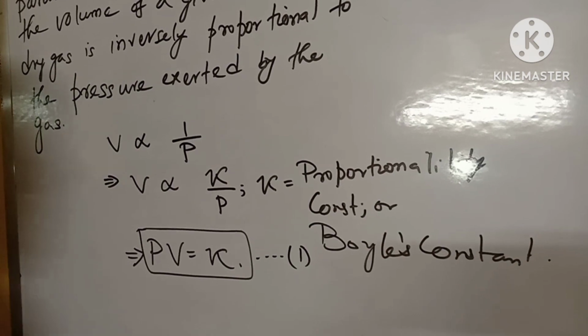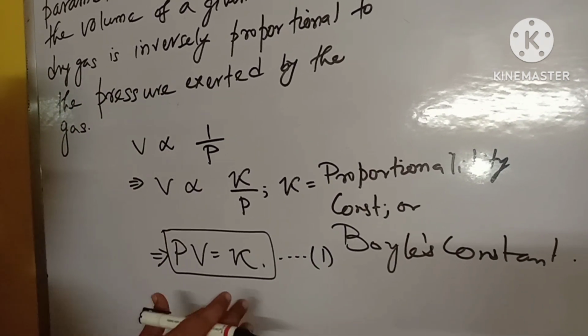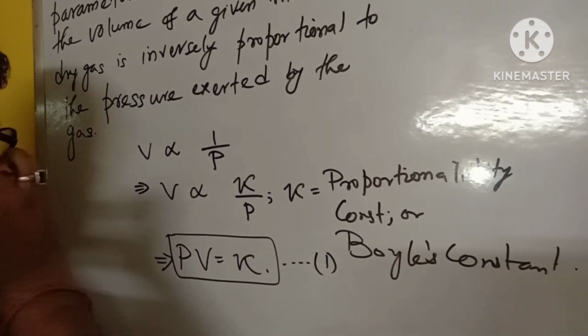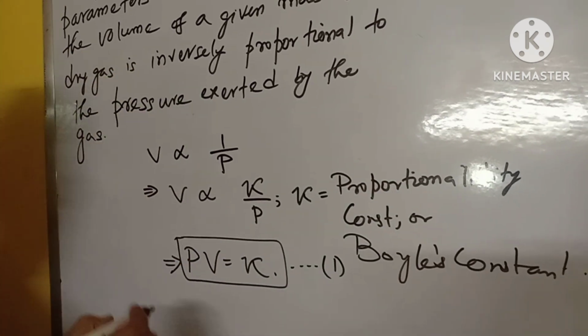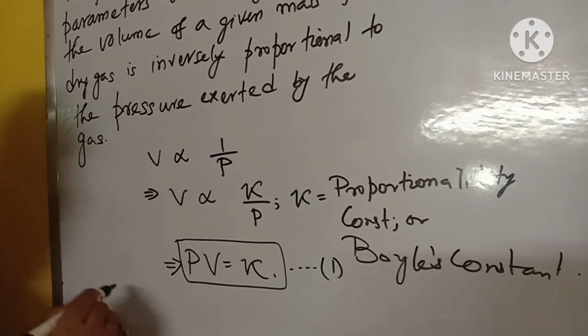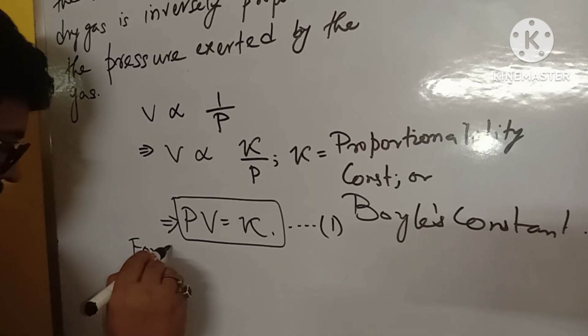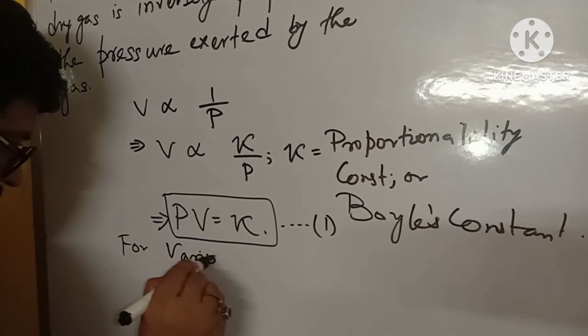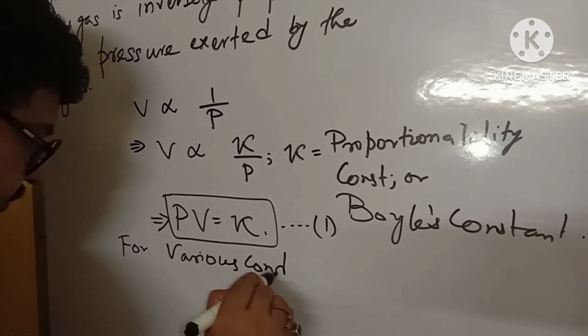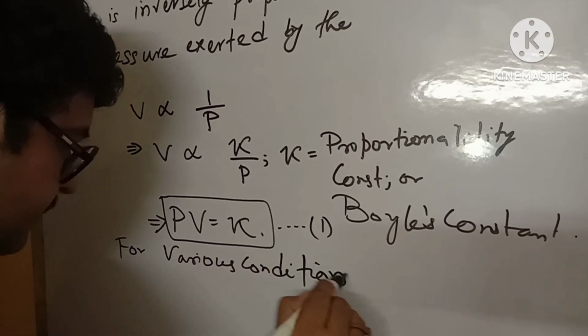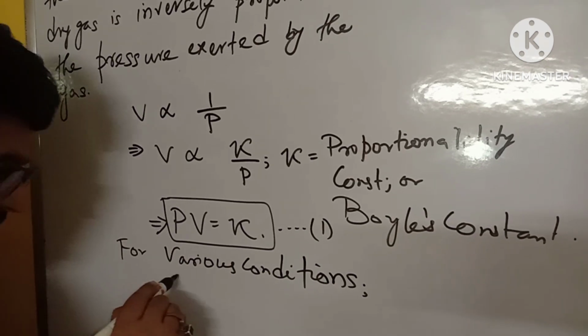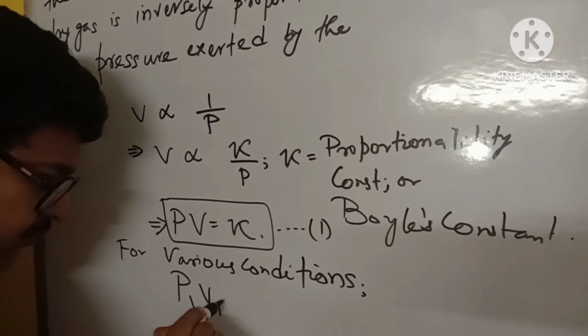Now, if you see this equation, it can be plotted in the graph. I am just coming to the graph. Now this is in general. Now for various conditions, you can always get it like this: P1 V1 first condition.